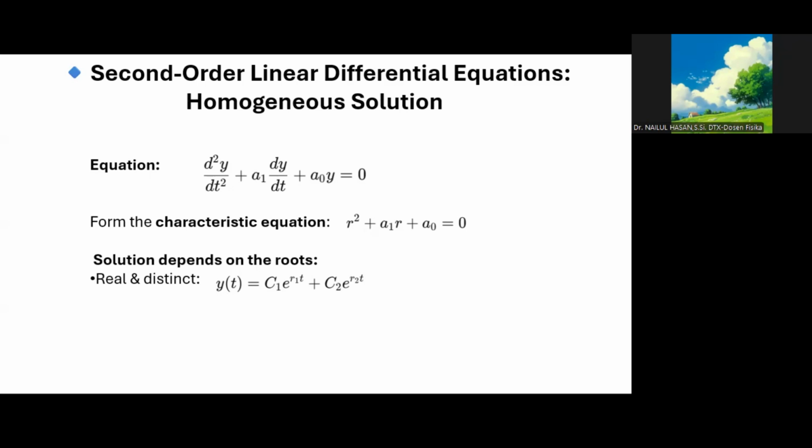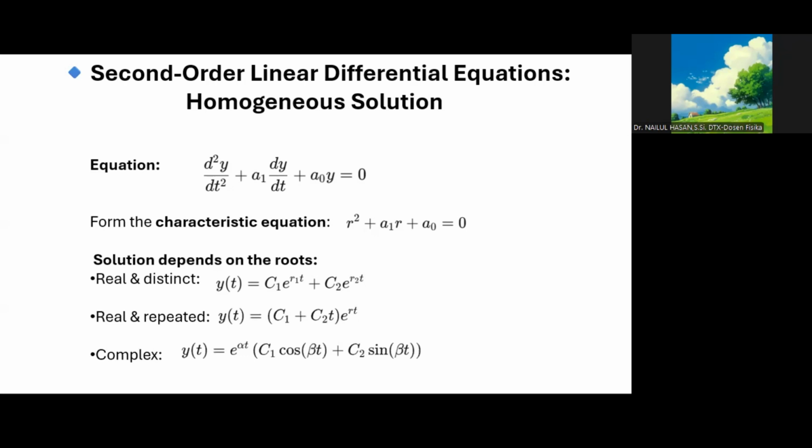So R1 and R2 are different. And if R1 and R2 are equal, then real and repeated, we can rewrite like this. Or if R1 and R2 are complex, then we have these solutions.